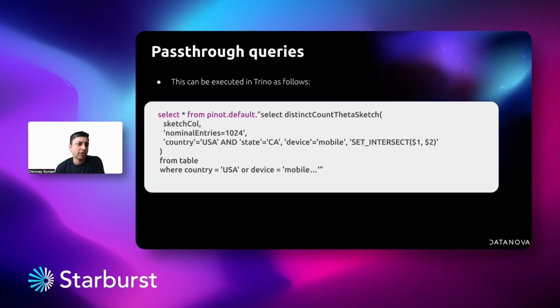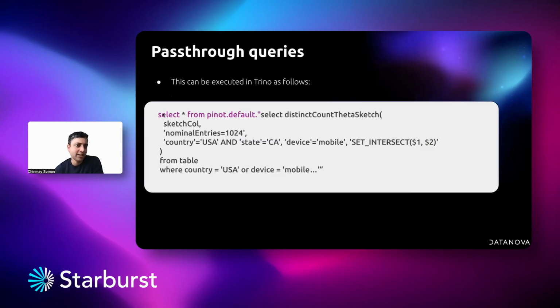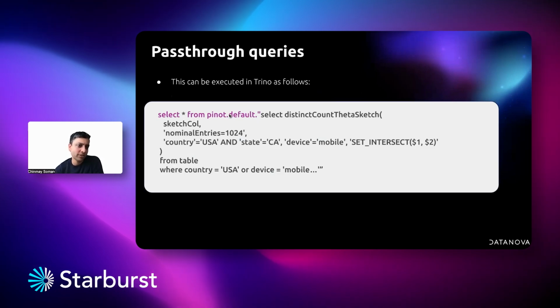So what Elon and team ended up doing is to model this as a pass-through query. If you look at the syntax here, the Trino query is quite simple. It's doing a select star from a table, and the table is defined as pinot.default.the actual query that we want to push down.